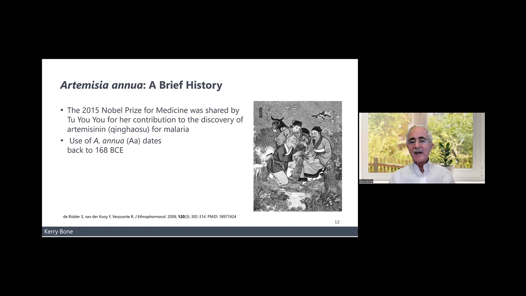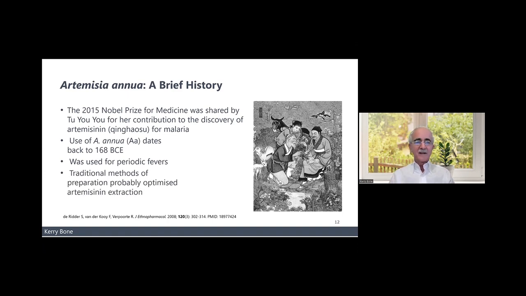If you look at Artemisia annua, it dates back to about 168 years before the current era and was used for periodic fevers that may well have been malaria, and that's what attracted the interest in it. Artemisinin can be difficult to extract and process, and even the traditional methods of preparation probably optimized artemisinin extract.